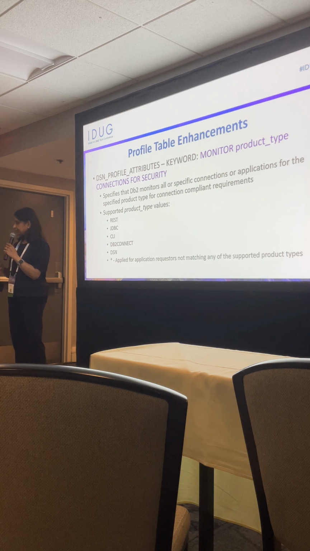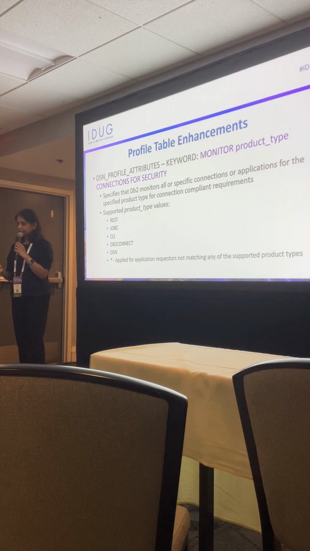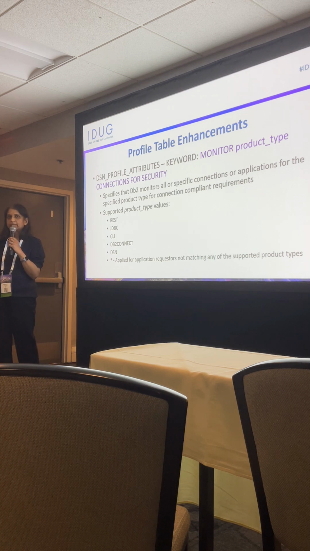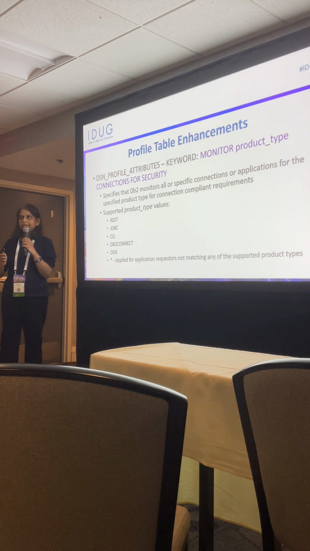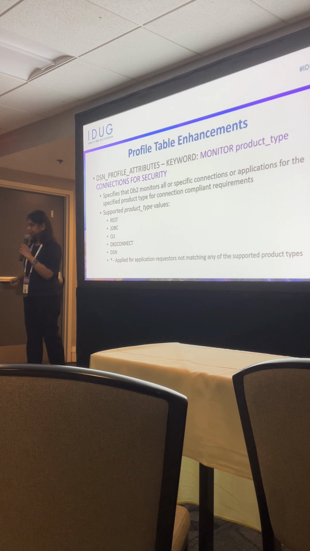And then SPLAT is for any application requesters that don't match the supported types. Initially, when we introduced this support, it was for monitoring all Db2 connections. Then we added more enhancements for more granularity, specifying the TCP/IP address, subnet mask, and auth ID controls.